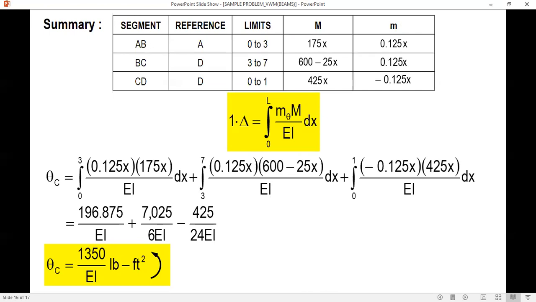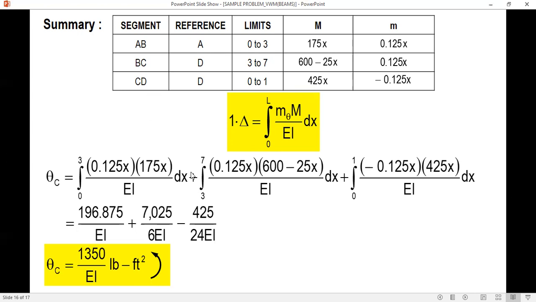So, it does not matter where the reference is for the middle segment. What is important is the correct limits. Although the expression for the middle term is different and the limits are different, the answer is the same. Same also with the last segment.